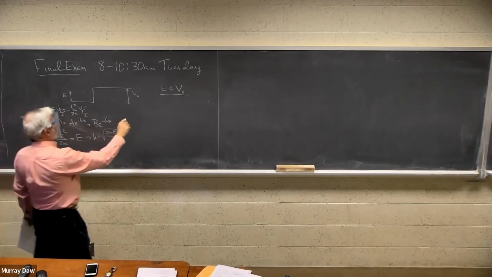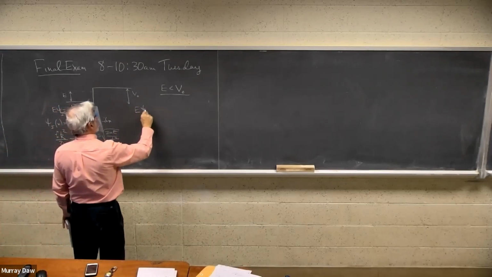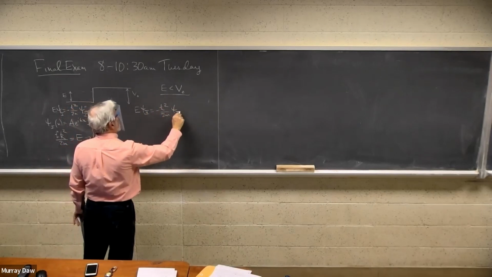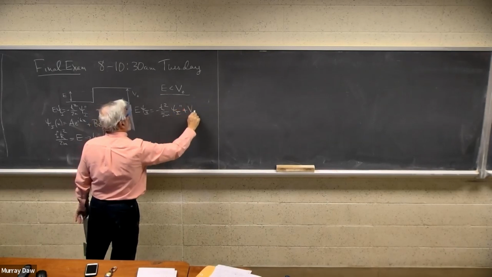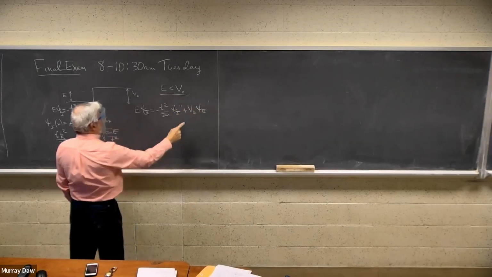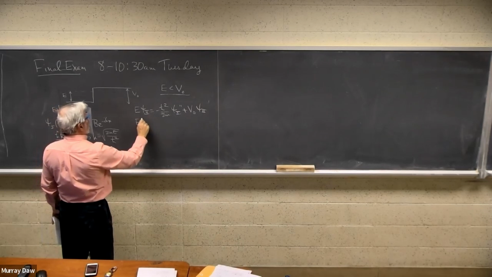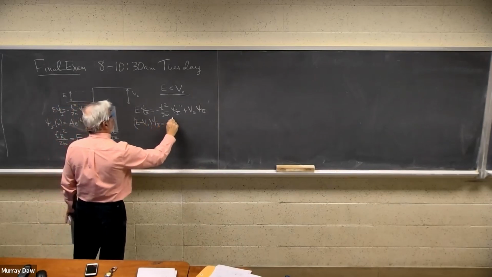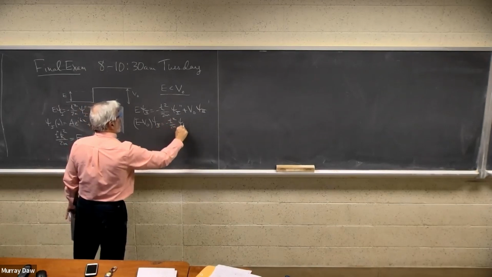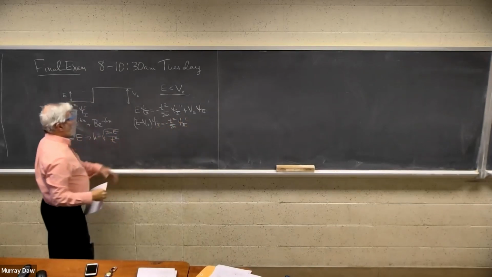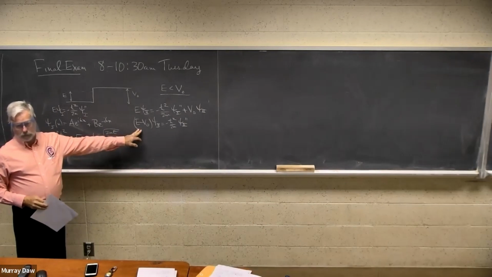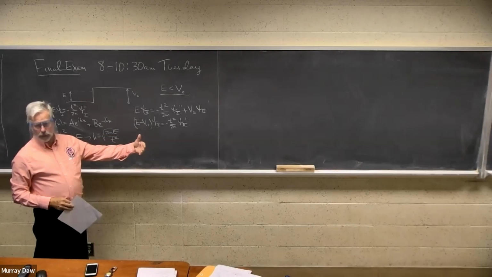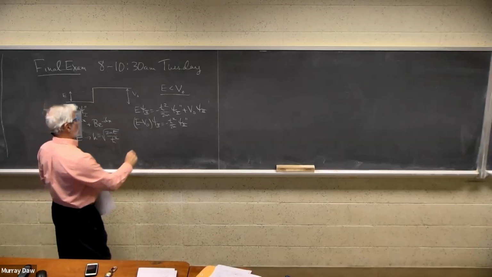But in the second region, if I bring this potential over to the left-hand side like this, we have a different situation, because this is negative. The energy is less than the barrier height, so you don't get complex exponentials, you get real exponentials.